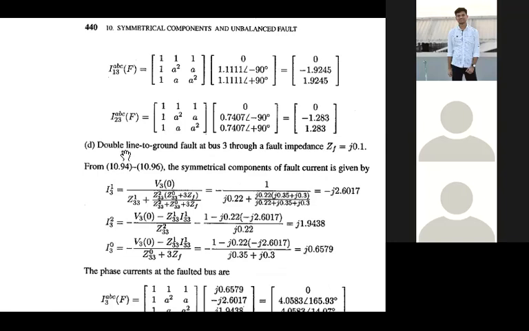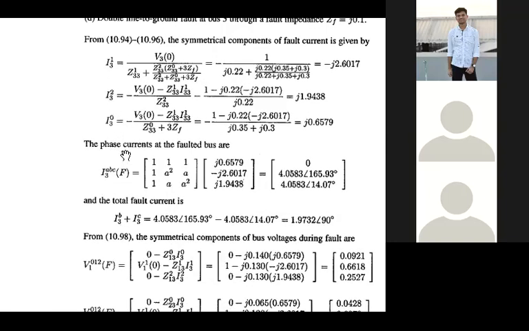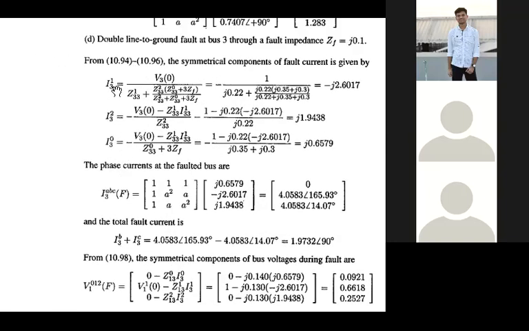It also has some relations for I30, I32, I31 in terms of Z. Regarding the double line to ground fault, you have to be careful about those current calculations. The current equations you have to practice more to remember or absorb.